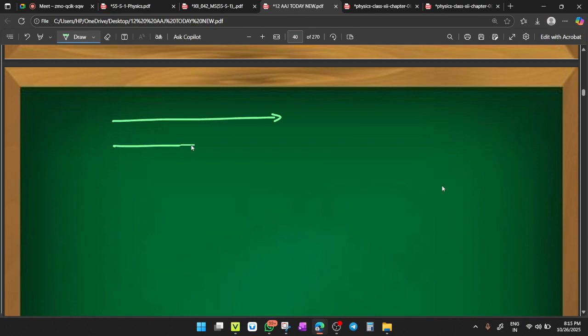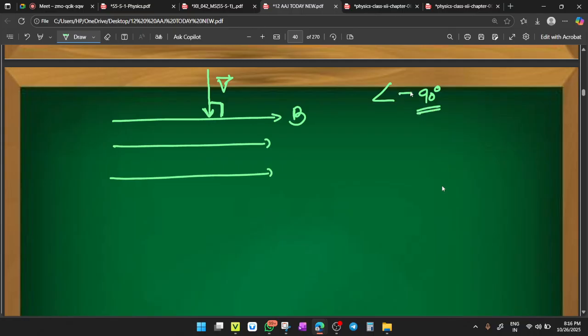Remember, when there is a uniform magnetic field and the electron enters perpendicular to the magnetic field, the angle between B and V equals 90 degrees.